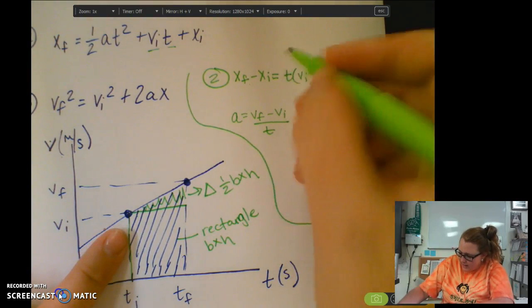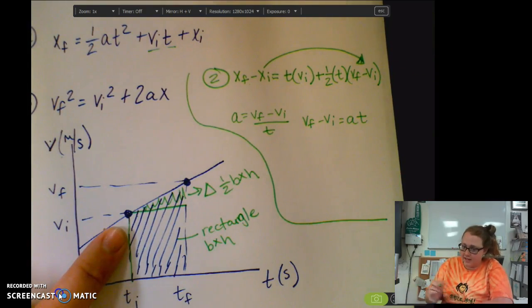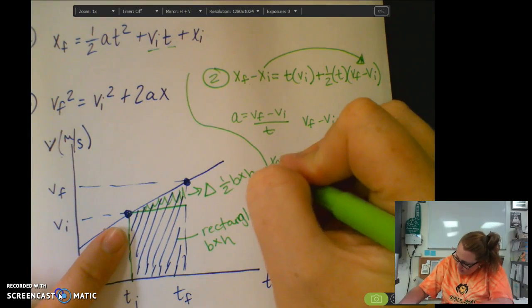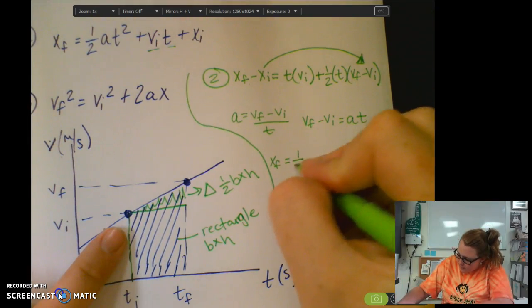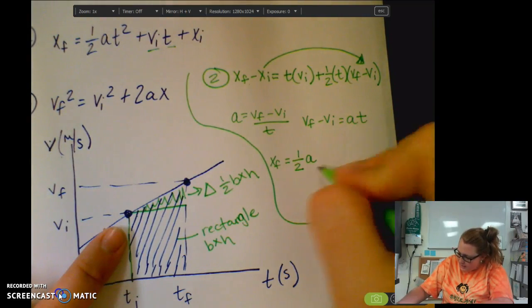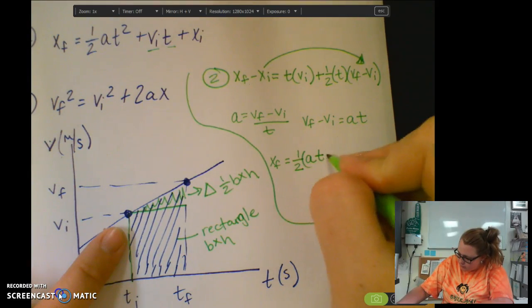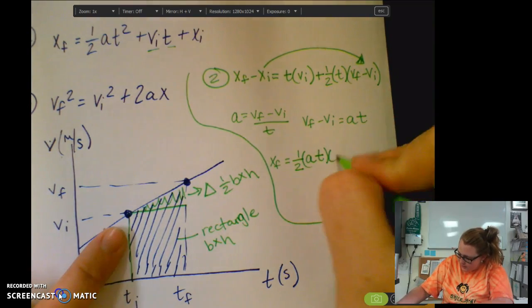I'm going to take this to the other side, so it's going to become a positive xi. So xf equals 1/2, now vf minus vi becomes at. Can't forget this t left over.